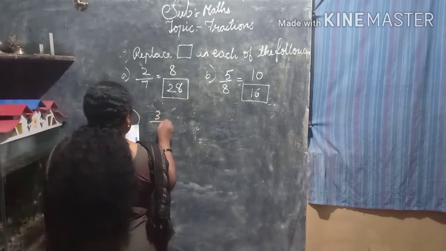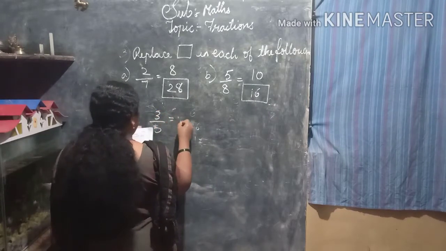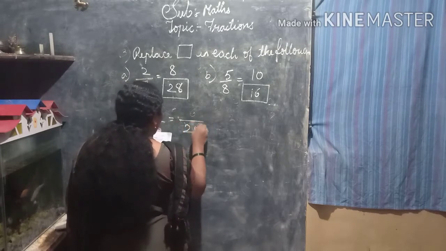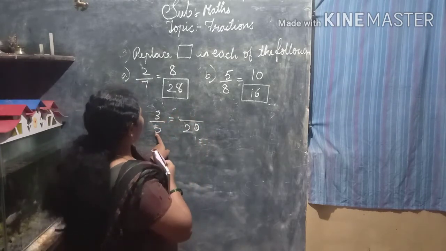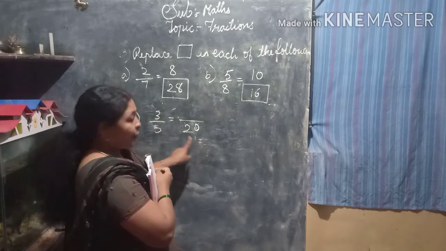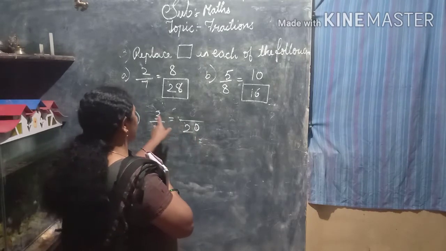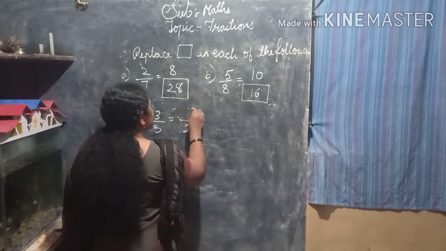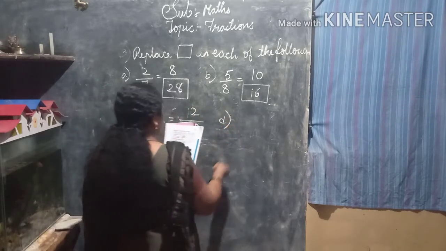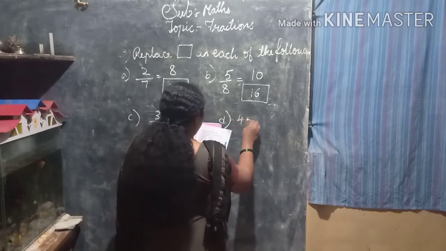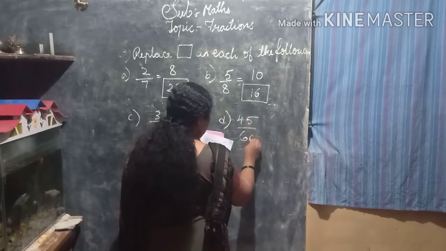C, 3 by 5. And here in the denominator you have 20. What could be the numerator? 5 fours are 20. So 3 fours are 12. Okay. D, it is 45 by 60.